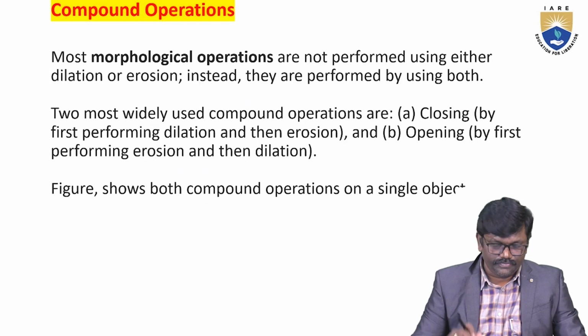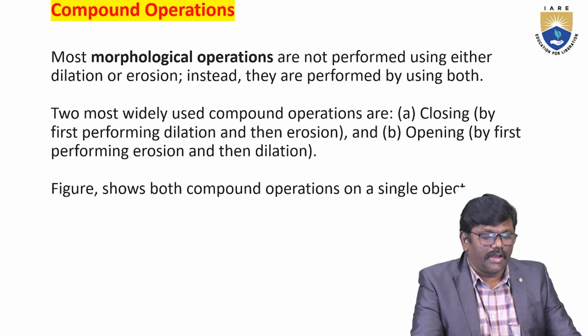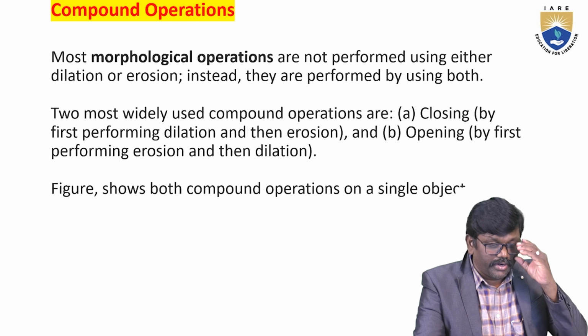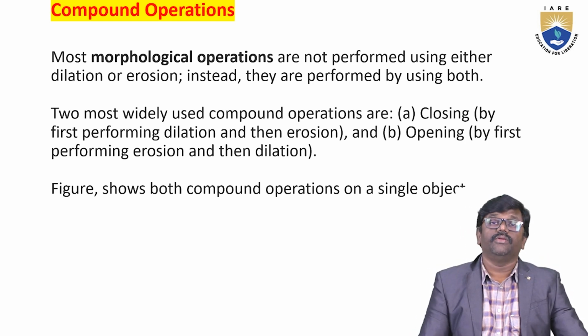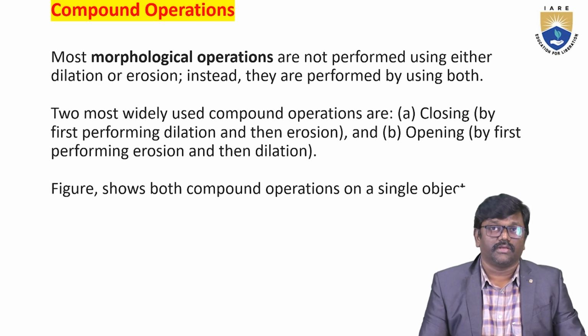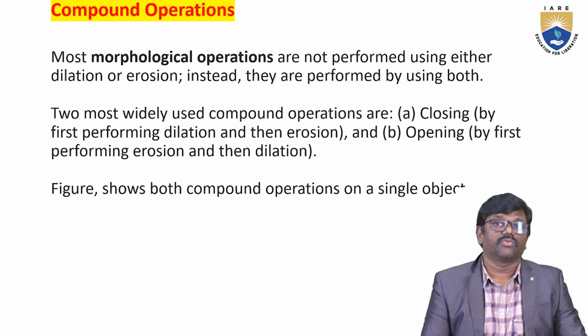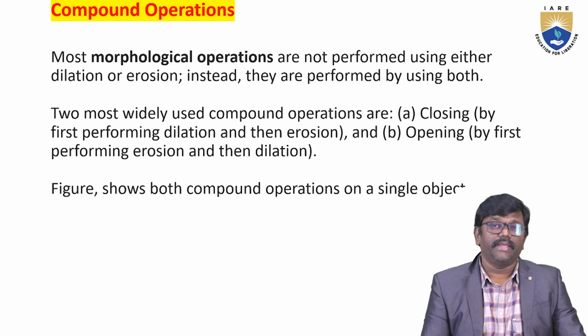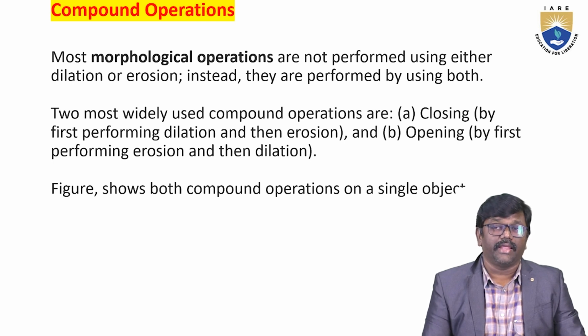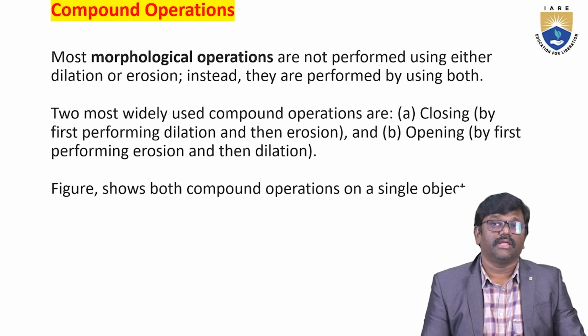Coming to the operations which we are going to continue with, most morphological operations are not performed using either dilation or erosion alone, but instead they are performed by both. The two most widely used compound operations are closing and opening. What do you mean by closing? By first performing dilation, then erosion.